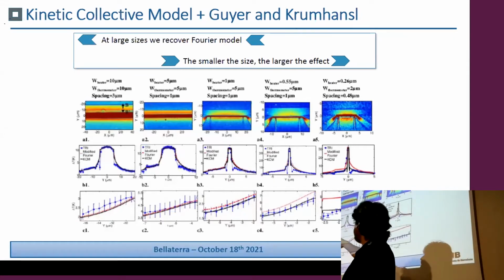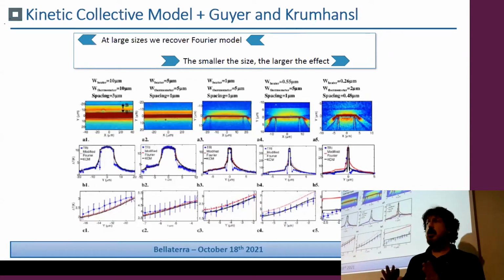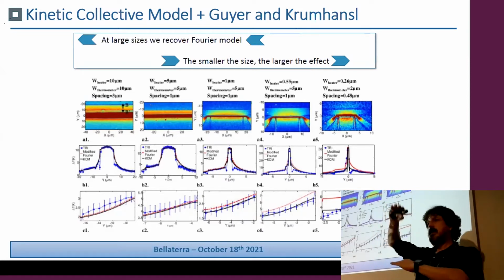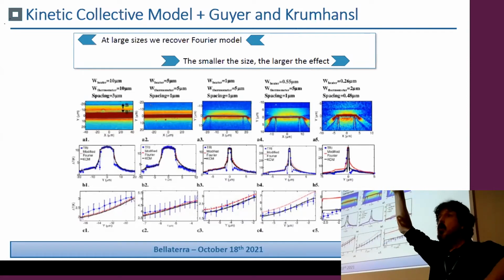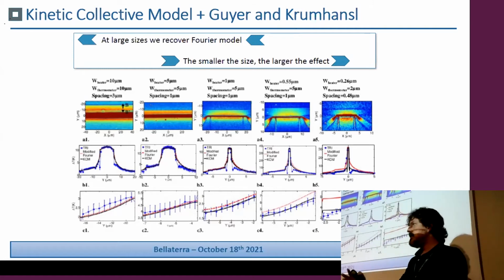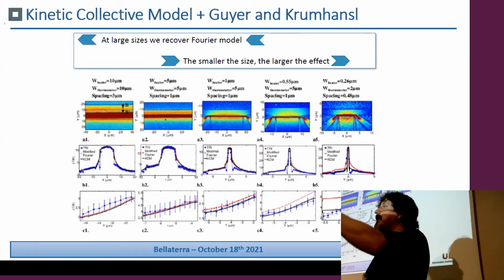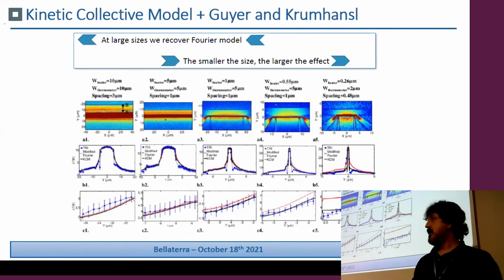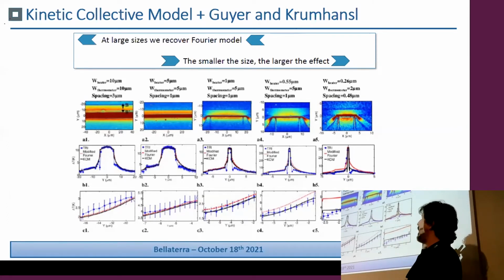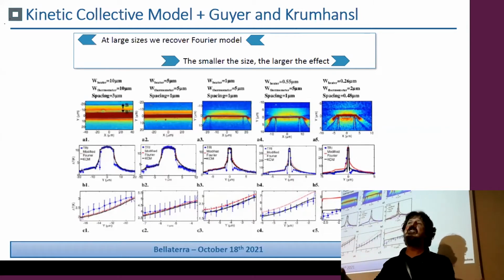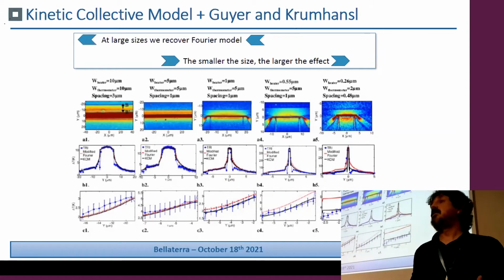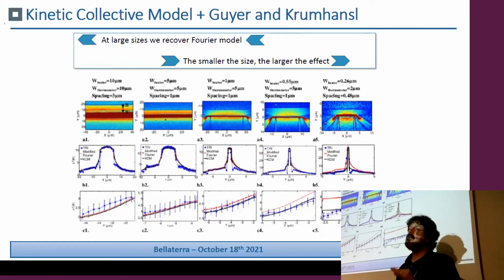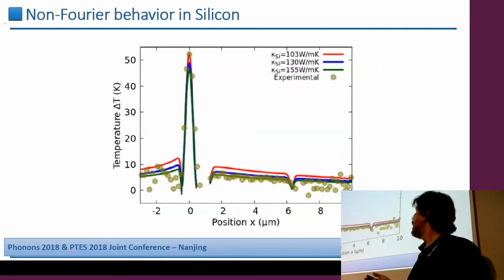And we get something that as you get smaller and smaller, this effect of heating the metal line and cooling the sides is higher and higher as you go smaller and smaller in size. So let's say the other way around, when you go to larger and larger sizes, you get to Fourier. And Fourier and KCM give you exactly the same prediction.